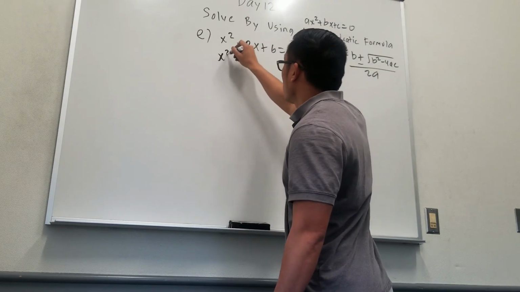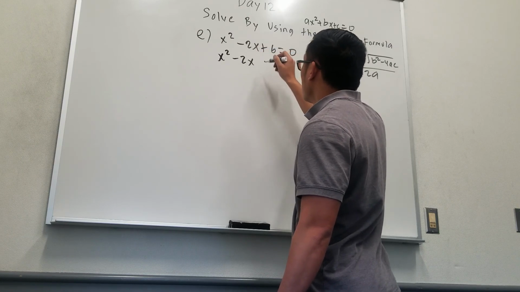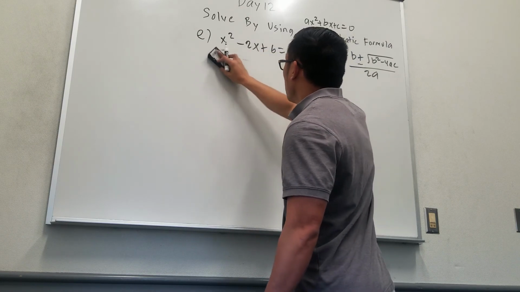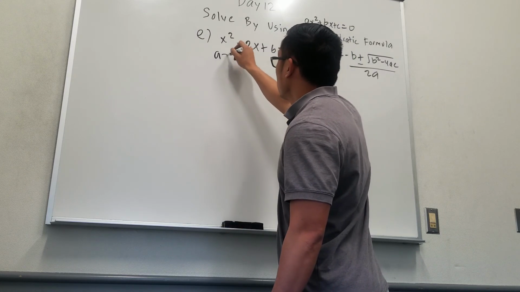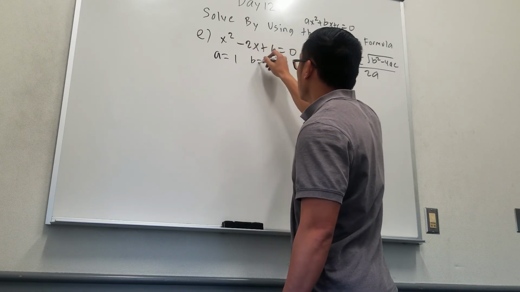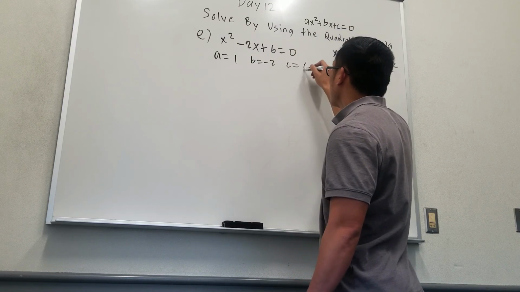So you have x squared minus 2x. I was trying to think about completing the square. So a is equal to 1, b is equal to -2, c is equal to 6.